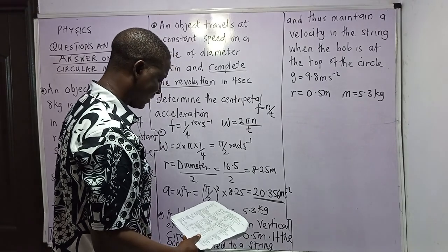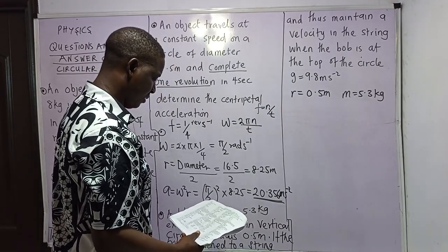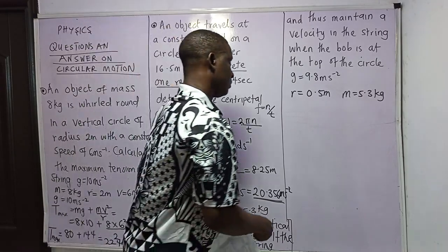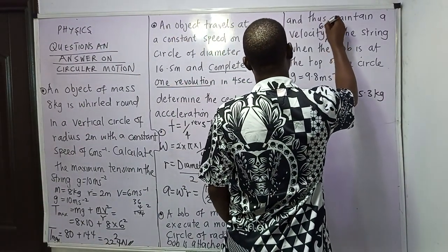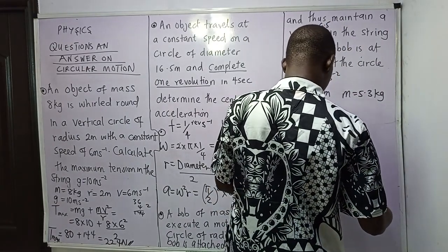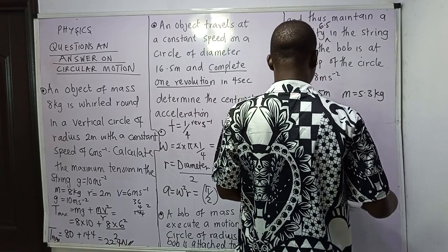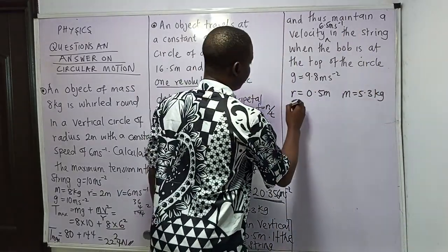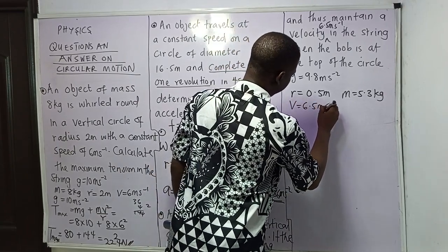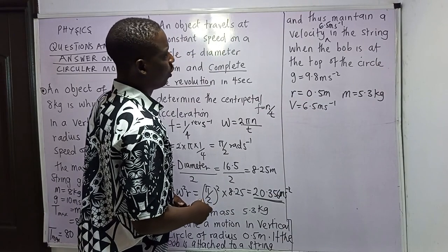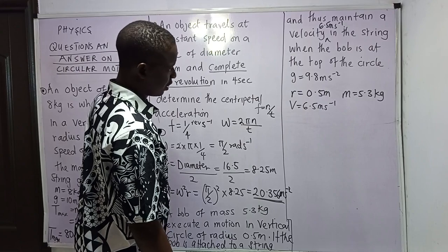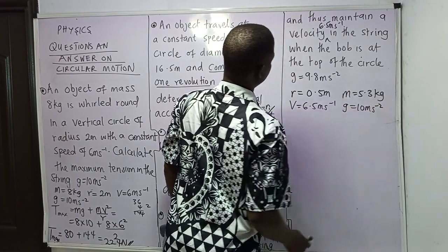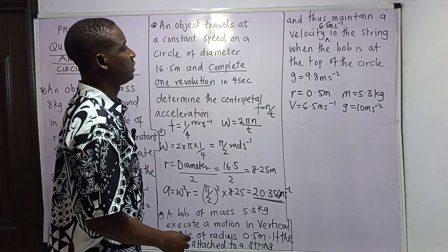If the bulb is attached to a string and thus maintains a velocity of 6.5 meter per second in the string when the bulb is at the top of the circle. g is 10.